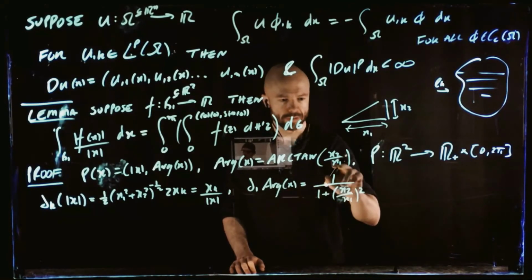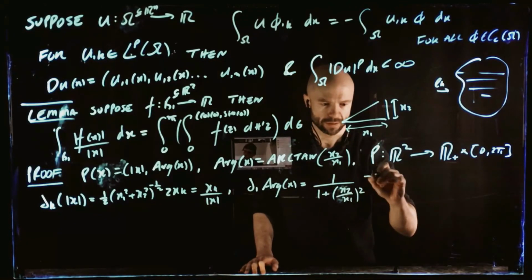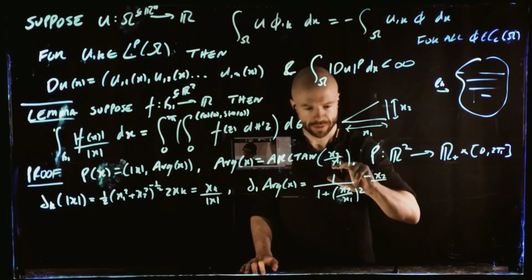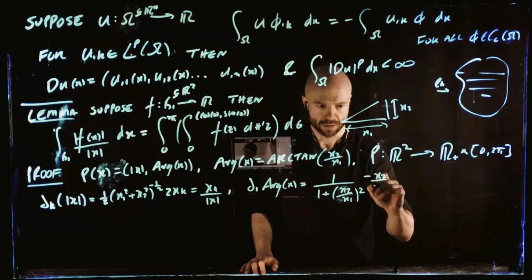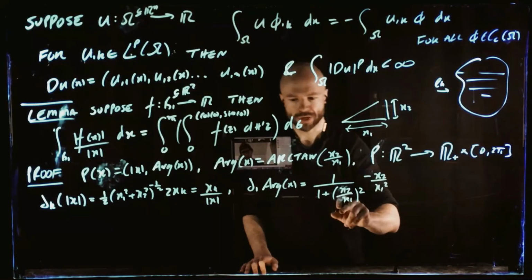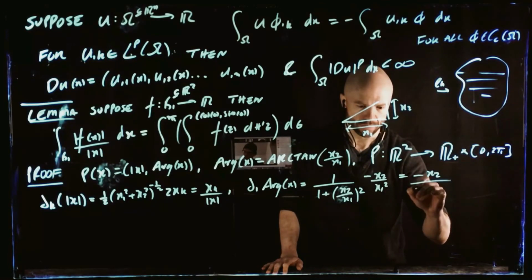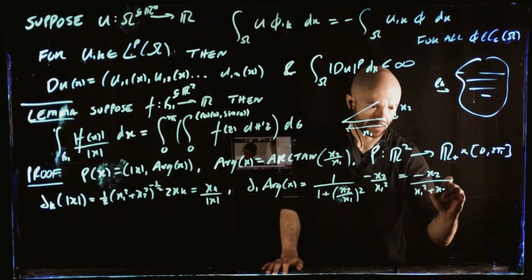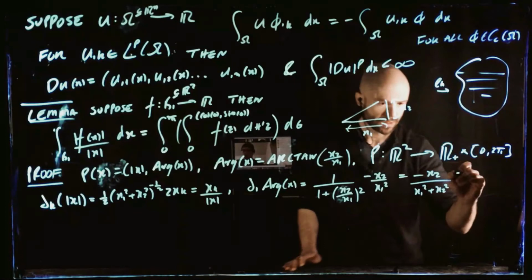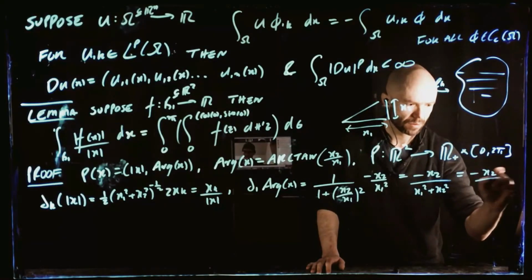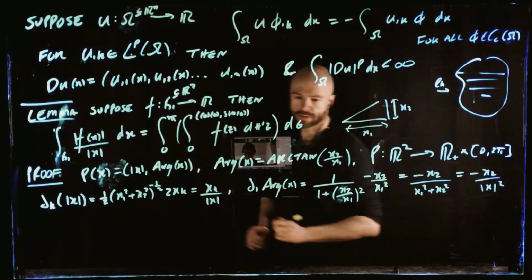And then we differentiate with respect to the inner function, so we have minus x2 over x1 squared, just the chain rule. Multiply this through, so minus x2 over x1 squared plus x2 squared, and that is just minus x2 over |x| squared. Let's do the other partial.